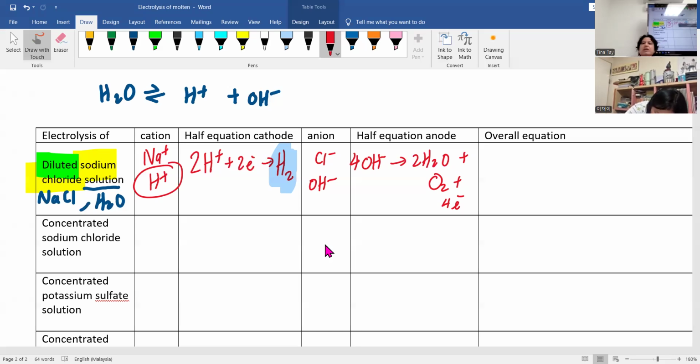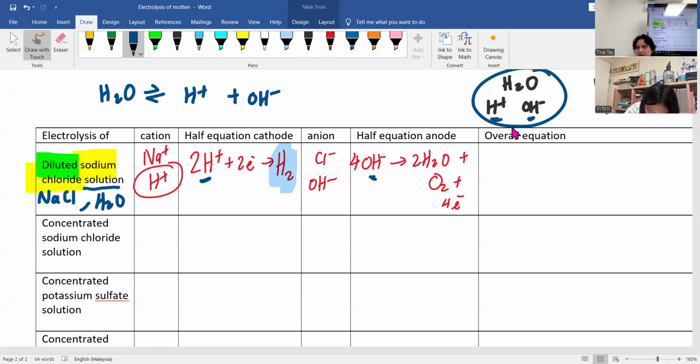Write over the equation. Overall equation is like this. So overall equation is a bit tricky. You have water and you have sodium chloride. Water gave you hydrogen and hydroxide. Sodium chloride gave you sodium and chloride. But both your reactions came from this.